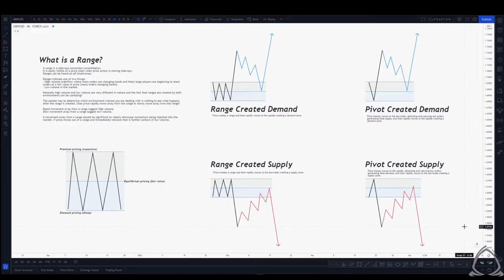Now, the other end of the spectrum of a range is also low volume in the market. And it gets a little bit confusing. I'm sure after me saying that, you go, well, how am I really going to know if it's high volume or low volume if ranges are both created by the same thing? You'll see high volume tends to be a range, especially if it's at fair value.